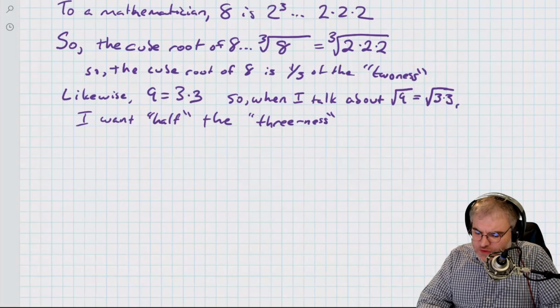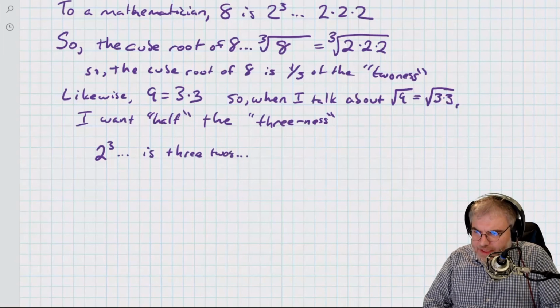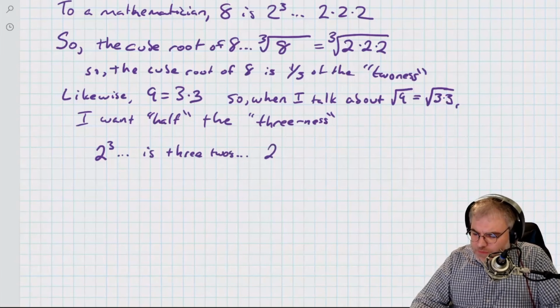Right? If I have 2 cubed, that is 3 2's. So 2 cubed equals 2 times 2 times 2.